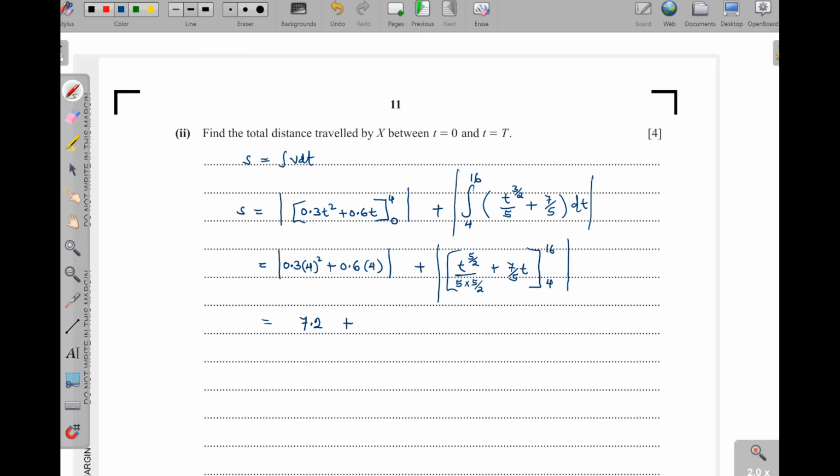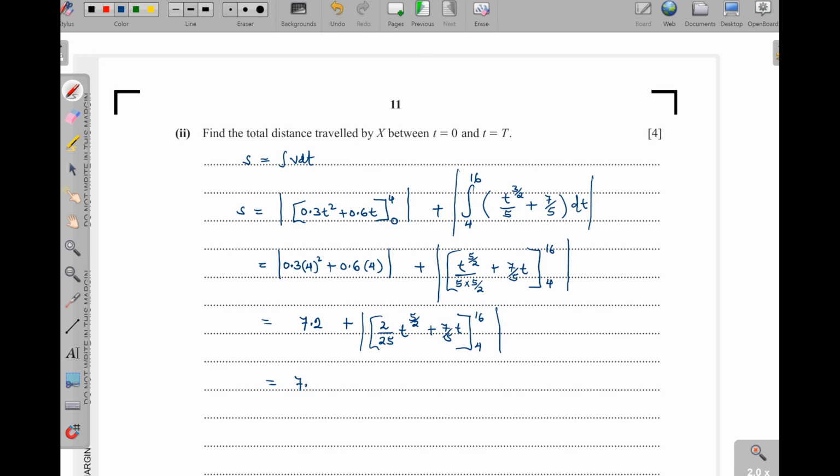Then plus this one simplified: this is 25 over 2, the 2 will somersault, and then we get 2 over 25 of t to the power of 5 over 2, and then plus 7 over 5 of t. Then we put our limits, 16 and 4.